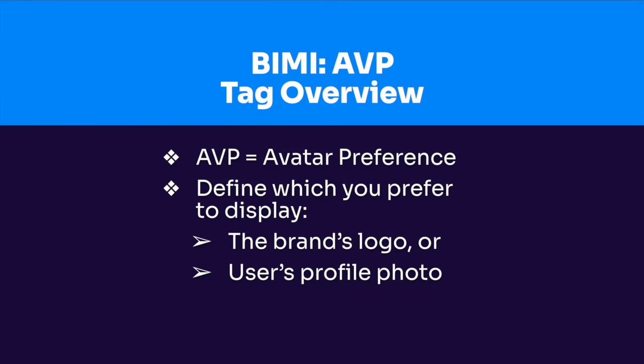But for others, maybe thinking of real estate agencies, sales reps, or account managers, having the recipient see a personal profile photo might build a stronger, more human connection between the sender and recipient. The AVP tag gives domain owners a standardized way to tell mailbox providers which visual experience they prefer.